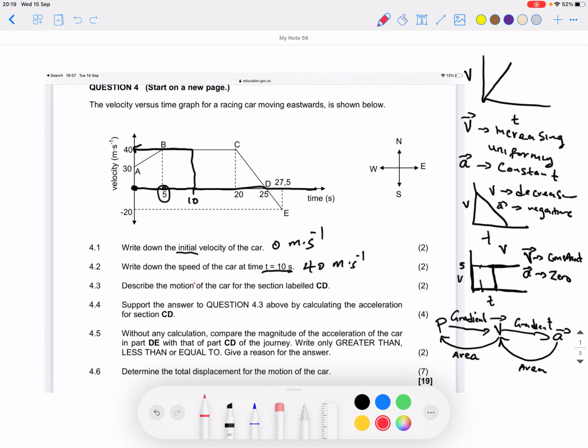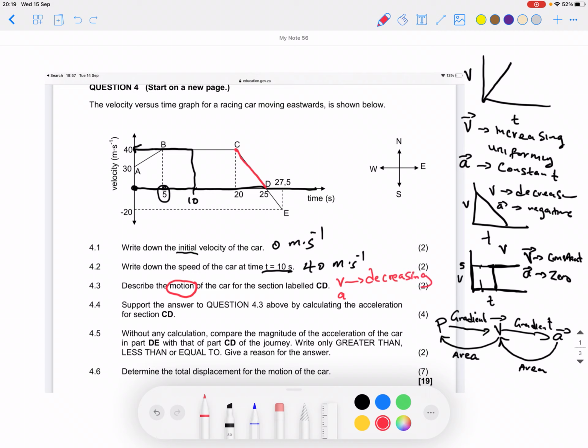And then it says describe the motion of the car for the section CD. If you are asked to describe motion, you must describe what is happening to the velocity and what is happening to the acceleration. So CD, you can see the graph is moving down at a uniform rate. It's changing at the same rate. So it means the velocity is decreasing uniformly.